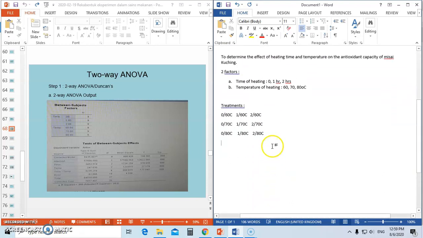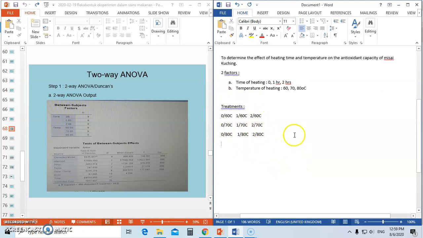The treatments for more than one factor experiments will always be a combination of the different levels. Okay, so we have 1, 2, 3, 4, 5, 6, 7, 8, 9 treatments.